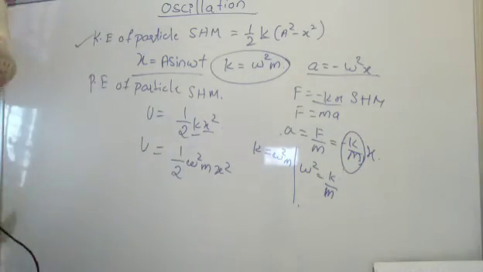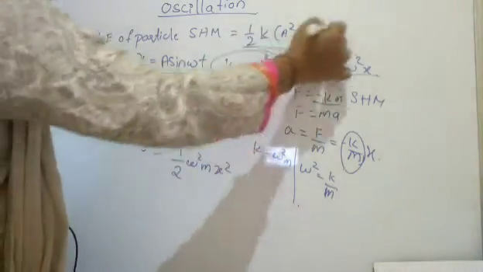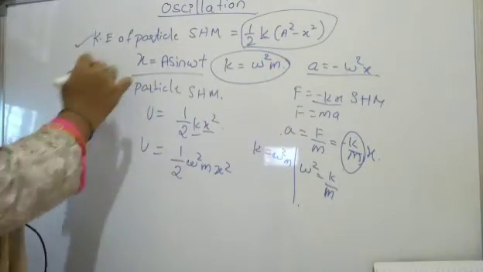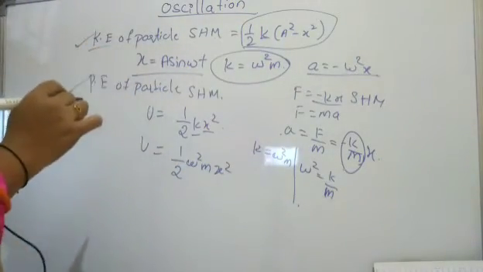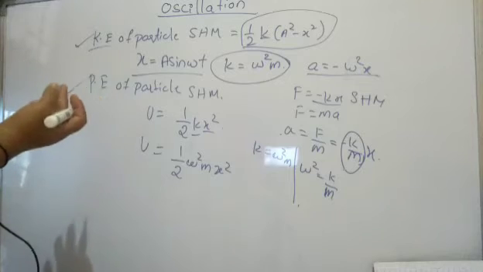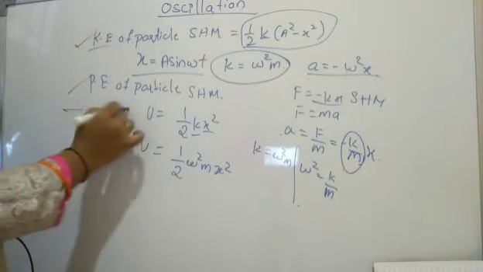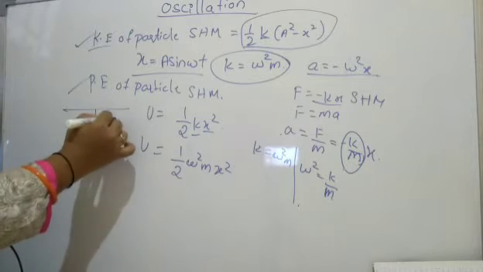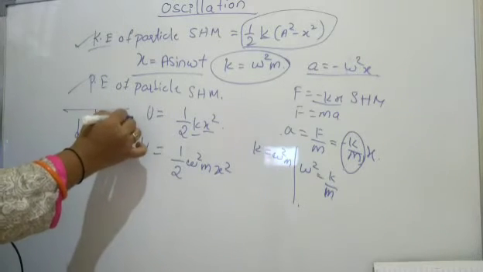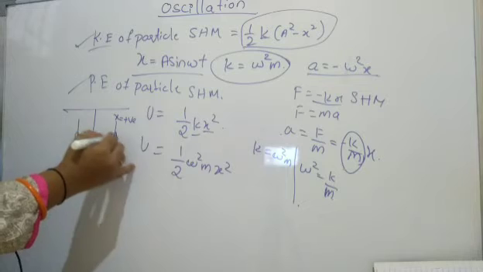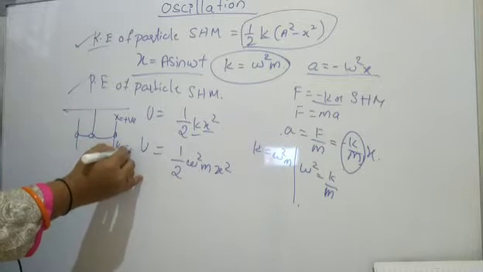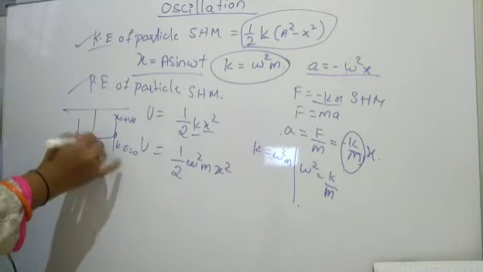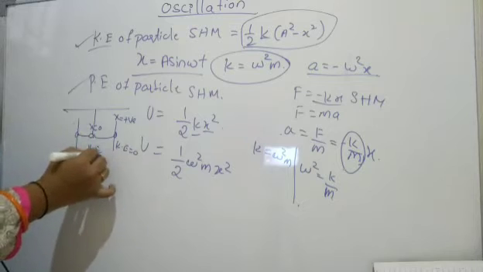Then the general form of the kinetic energy is this, and we have already discussed where the kinetic energy will be maximum and where it will be minimum in the particle executing simple harmonic motion. These all things we have already discussed in the previous class. Kinetic energy at the extreme position is 0, kinetic energy at the mean position is a maximum.